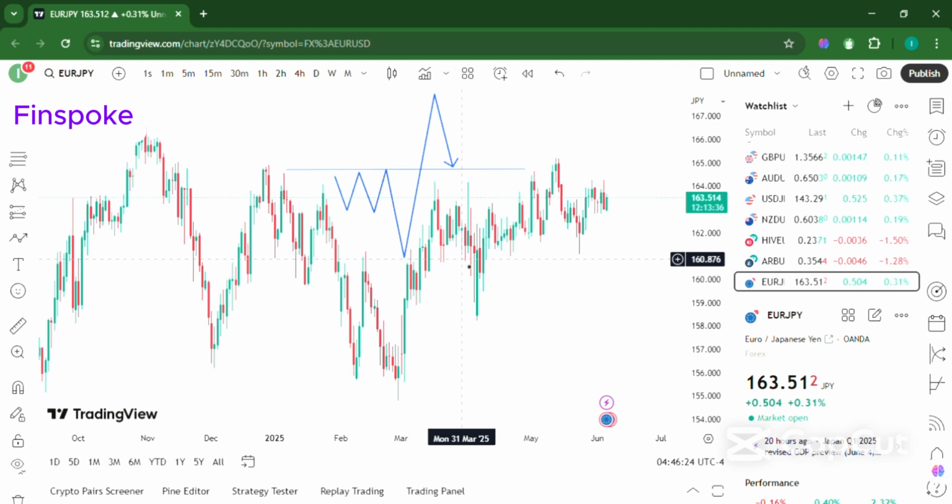It depends. But once it breaks the horizontal line, you can consider going long, entering a buy position, targeting the next resistance level as your take profit.